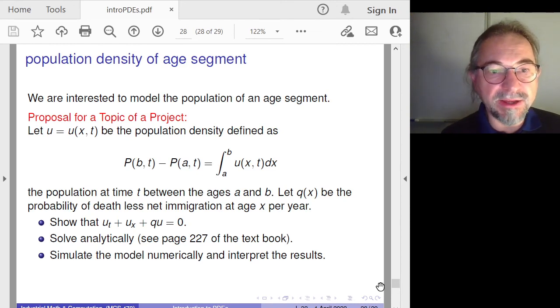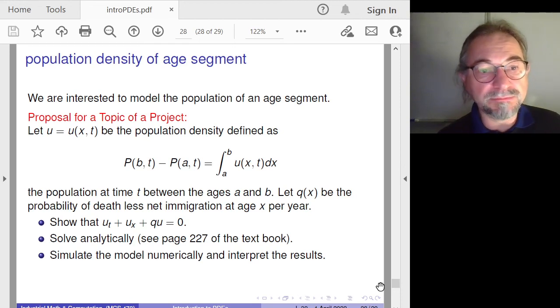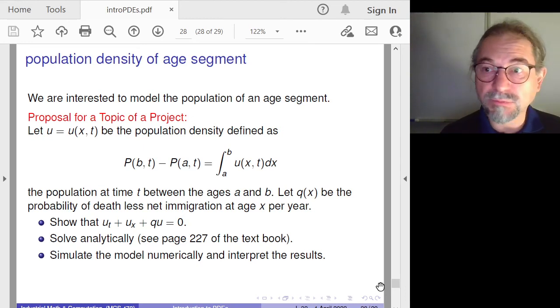We have an age segment, so that is the space, and then we have, of course, the time. The textbook, I give the page, offers a hint that this can be solved analytically. So you can eventually also start from a proposed solution and derive that equation. It's a little bit similar to the advection equation, but there is an extra term in there.